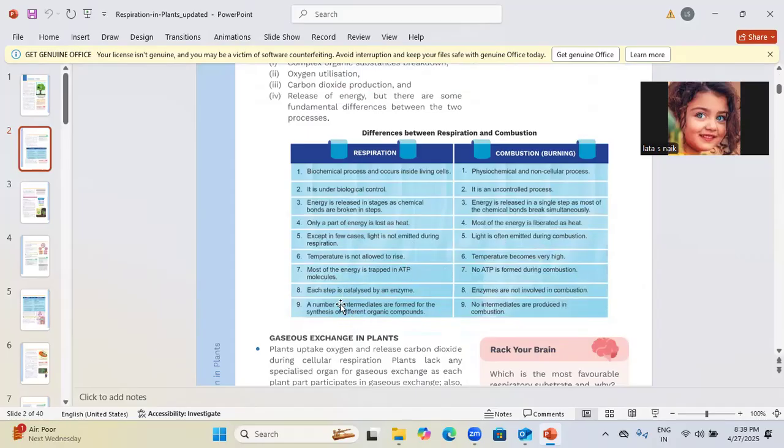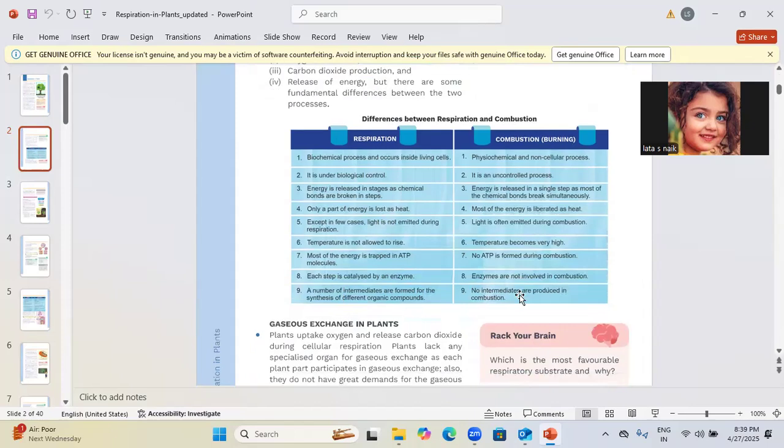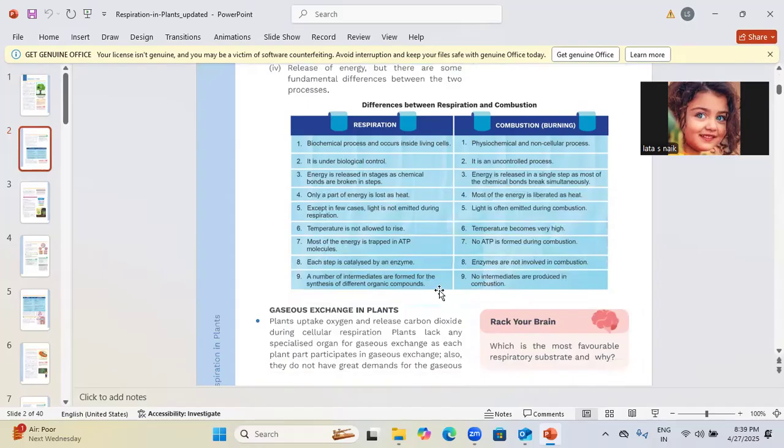Each step is catalyzed by an enzyme, whereas enzymes are not involved in combustion. A number of intermediates are formed for the synthesis of different organic compounds. No intermediates are produced in combustion.